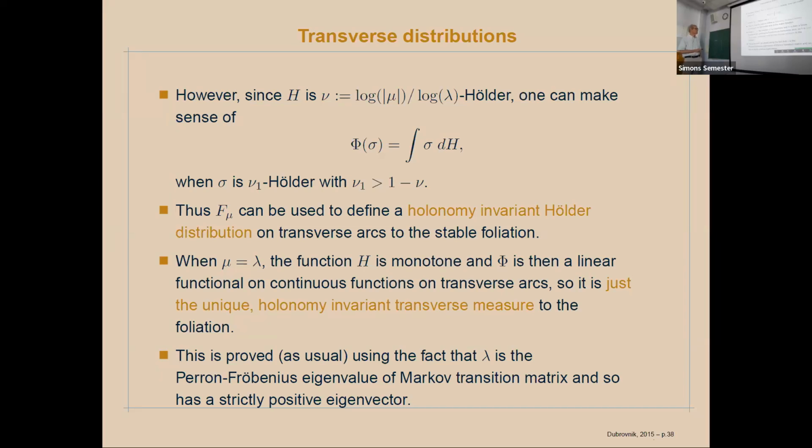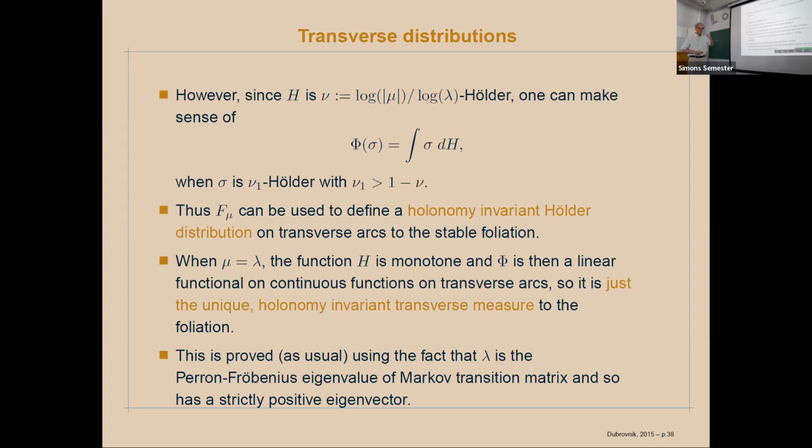So what this builds for you is that you can take the integrals of Holder functions defined on your arcs, and it is holonomy invariant. So instead of a holonomy invariant measure, you have a holonomy invariant Holder distribution.